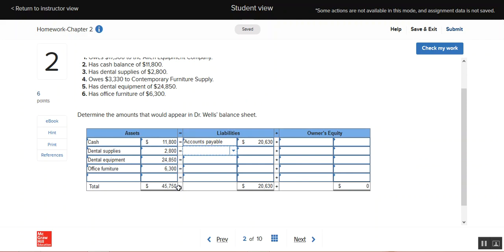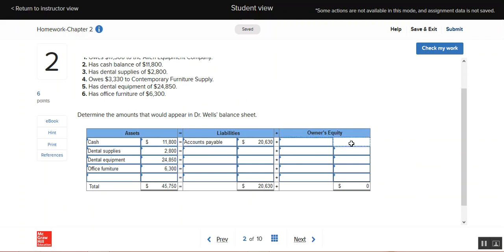All right, so you'll notice there's nothing in this column, and that's the tricky part. But we know that the left-hand side of the equation has to equal the right-hand side of the equation. So we can figure that out by using a little bit of algebra. So if we take the $45,750 and subtract or move over the $20,630, that gives us the difference in those two, and that's actually the amount of our owner's equity.